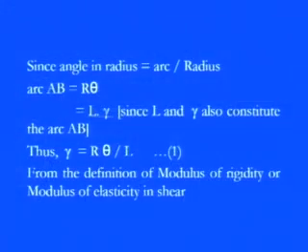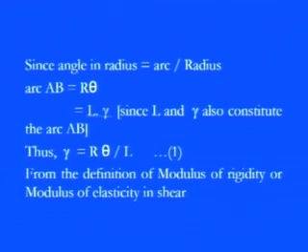So from the definition of the modulus of rigidity, now we can simply say that you have the shear strain, you have the shear stress. So you can make the main relation between these two terms, the shear stress and shear strain, using the shear modulus of rigidity.